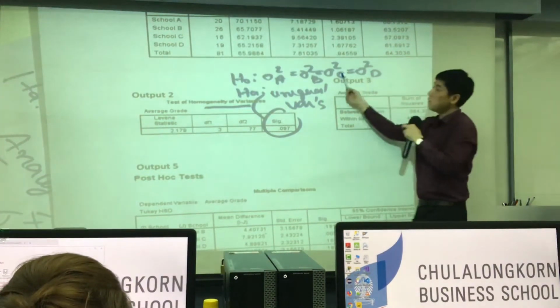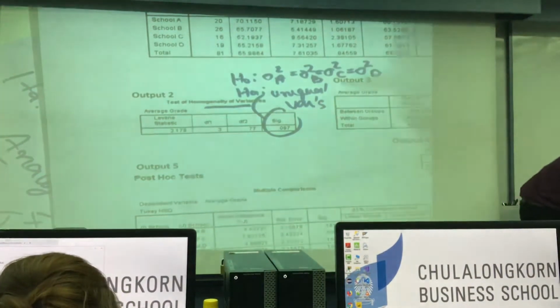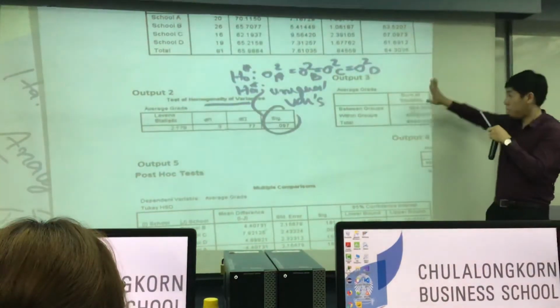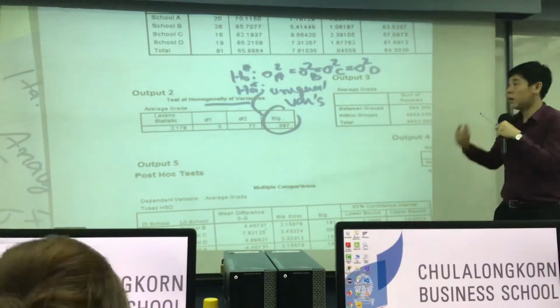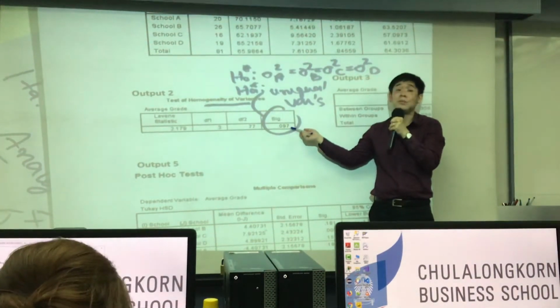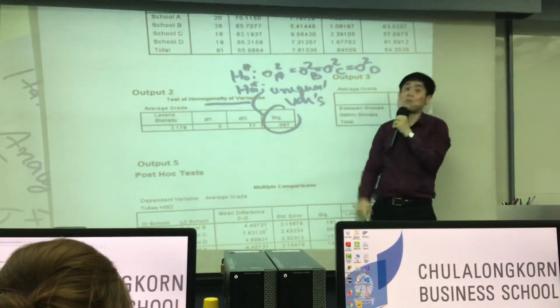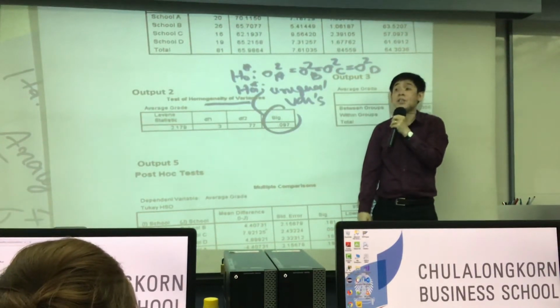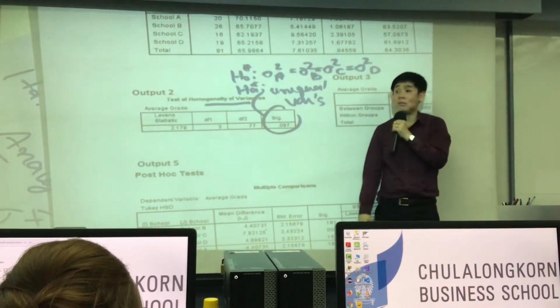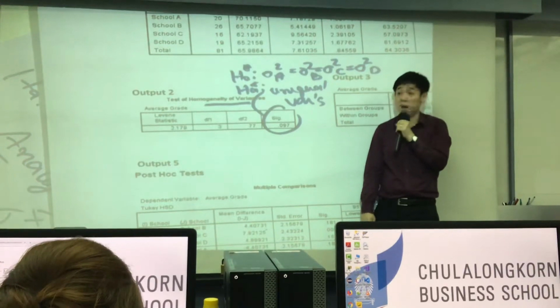Let me put a star on H0 so that you know this is a totally different hypothesis from this side. Alpha 5%, is the p-value large or small? Large. Can we assume equal variance? Yes. See? If alpha is 10%, it's small, so not the same variance.